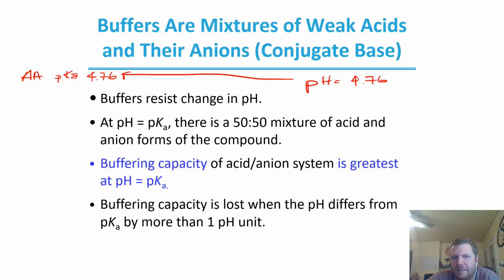So acetic acid, with a pKa of 4.76, is a good buffer at a pH of, let's say, 3.9 or 4.9, but at 5.9, I'm going to do a frowny face, because we've gotten too far away from that pKa. So it's lost a little of its ability to maintain the pH.